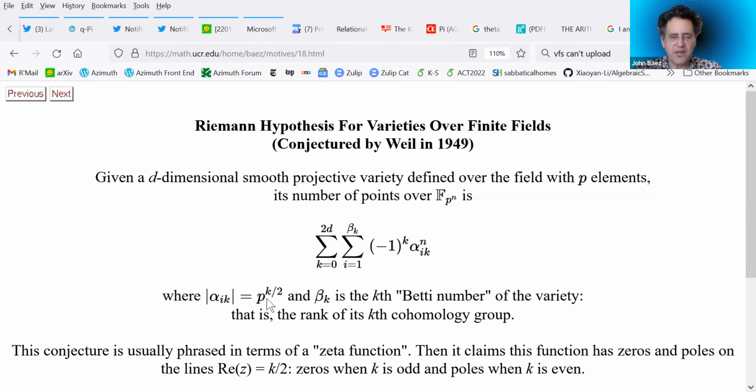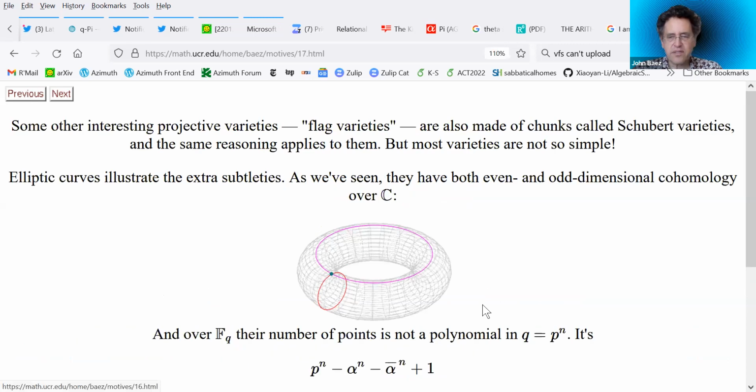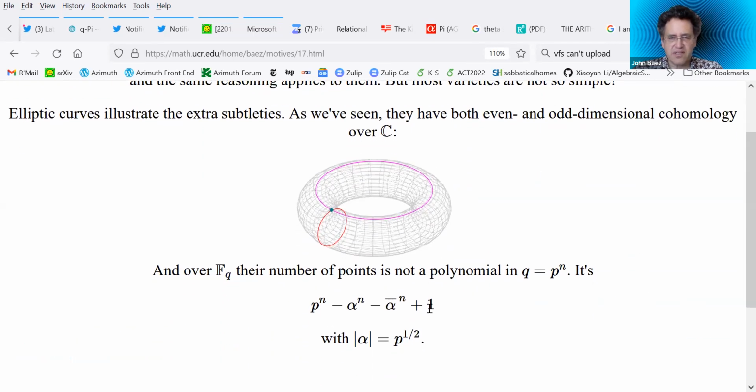And so you get k equals 0, k equals 1, and k equals 2. And for the elliptic curve, the formula for the number of points looks like this. The interesting part is this weight 1 part. That's the sort of mysterious part, because this alpha is not a positive number usually. It's a complex number.